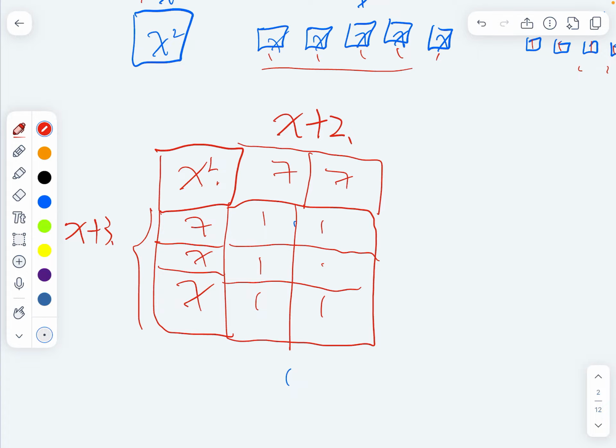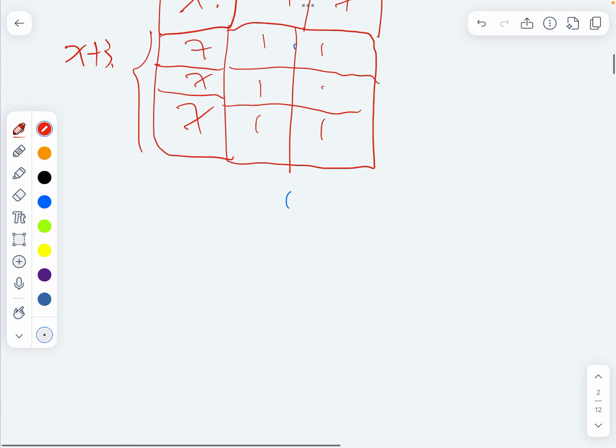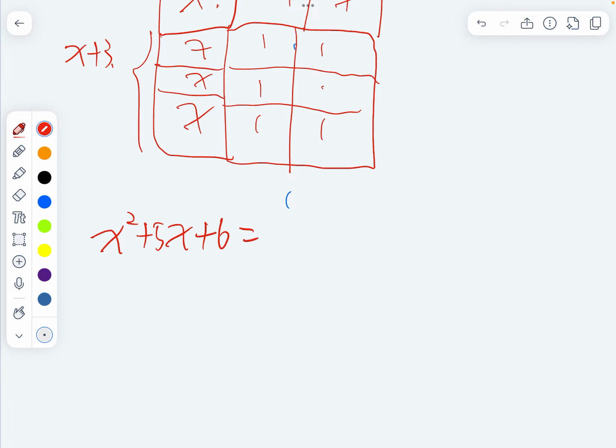So now we have solved it: x squared plus 5x plus 6 equals x plus 3 times x plus 2. Okay, let's do another example.